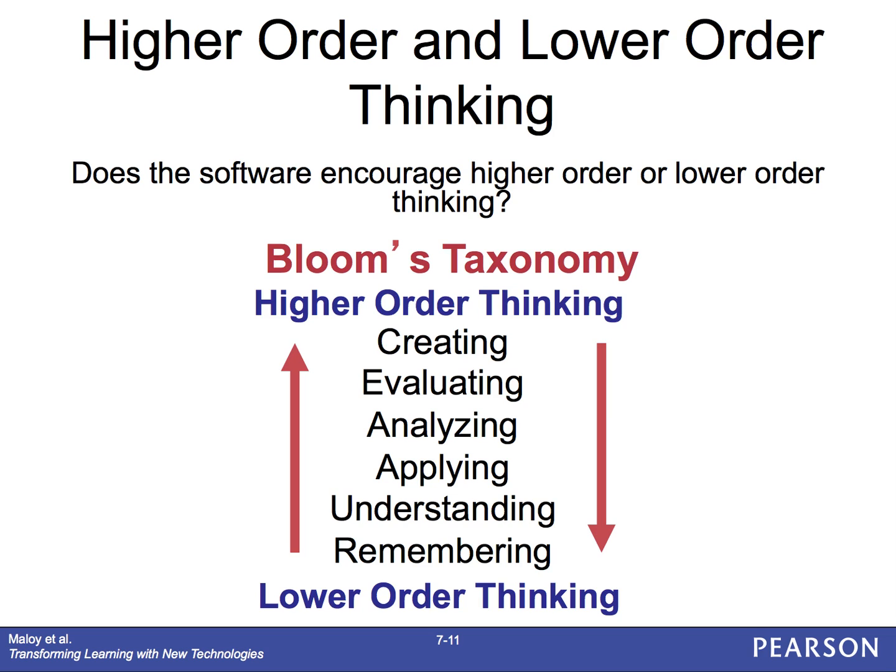And then the lower order thinking, if we don't do these things, that would be lower order thinking type things. So understanding and remembering are great. We want them to understand and remember, but we try to do that through creating and evaluating, analyzing, and applying. So, does the software do that stuff? That's what we want to know.